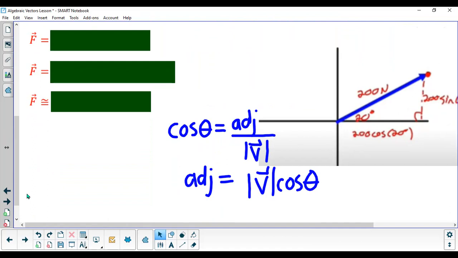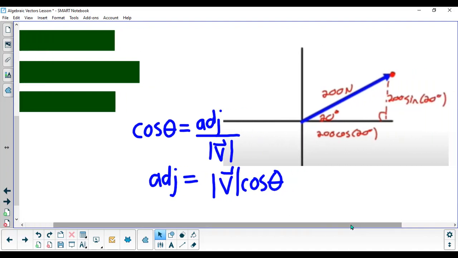That is my horizontal component. My vertical component wouldn't be defined as cos, but it would actually be the opposite, right, over vector v. So I could define my vertical component as 200 times sine 20.